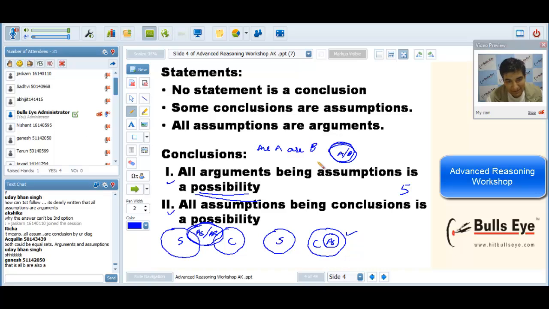Any problem with anybody now? Yeah, Ganesh, it is true. That means all B are also A.